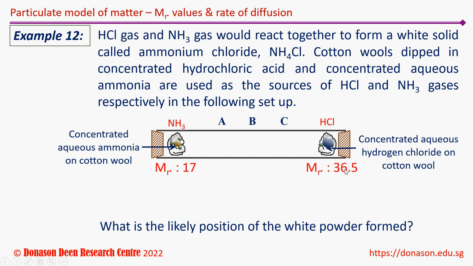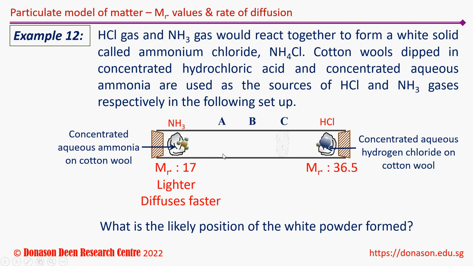Just by looking at these two Mr values, we can conclude that ammonia is lighter and less dense, so it's going to diffuse much faster compared to hydrogen chloride, which is a fat molecule that moves very clumsily and very slowly. Hydrogen chloride is going to travel only a short distance because it diffuses at a slower rate.